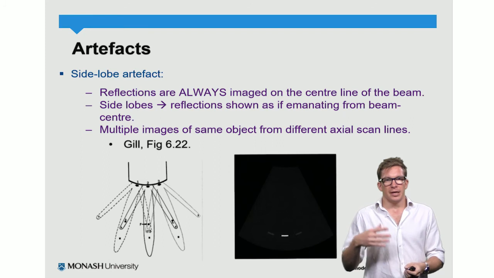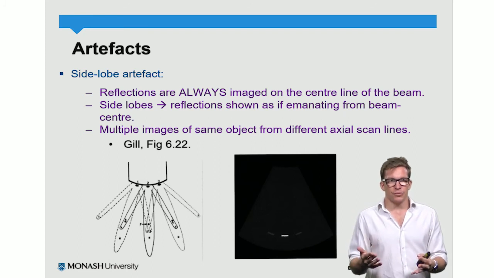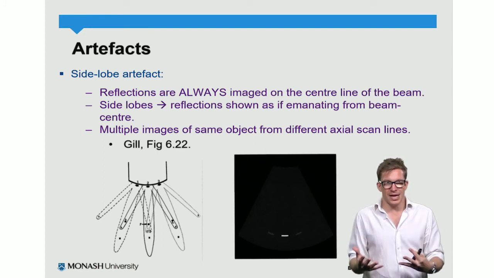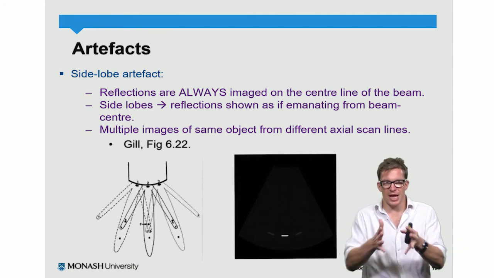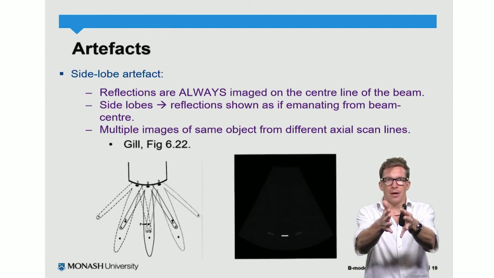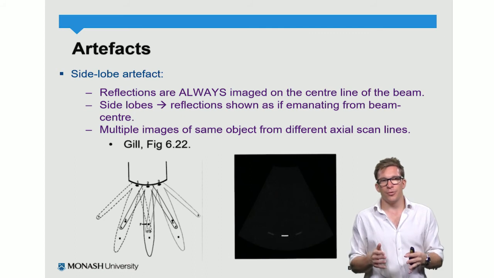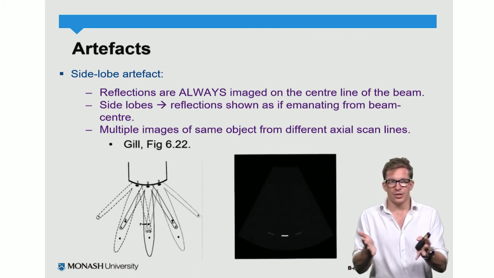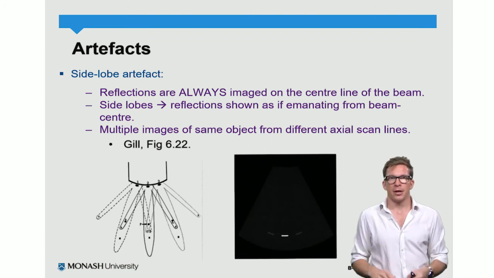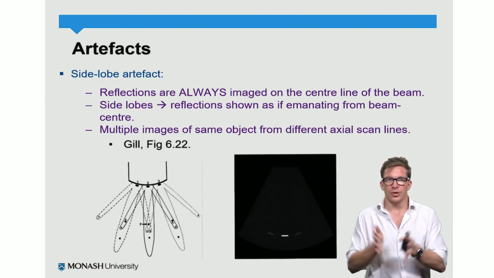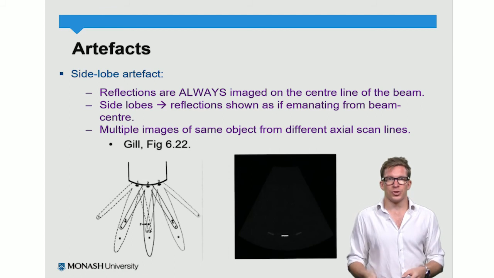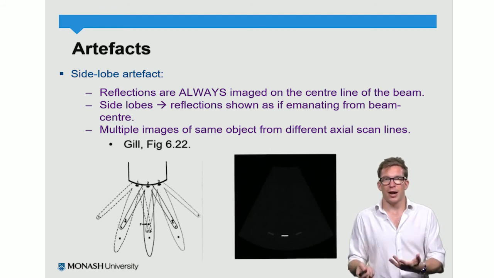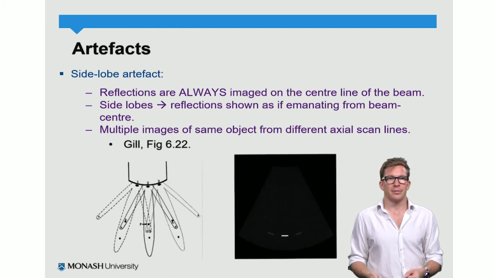The beamformer used in ultrasound has an optimization aim to force as much of the sound energy as possible along the main lobe. Now, we know that not all of that energy goes along the main lobe because of these diffraction effects. We also get side and grating lobes, and we can see that the energy goes off in other directions, and that's going to cause reflections from locations where an object isn't actually positioned.